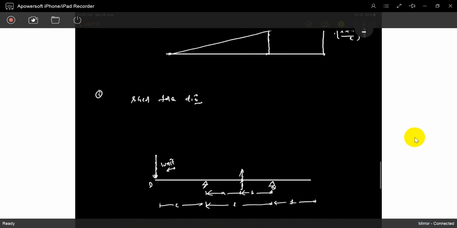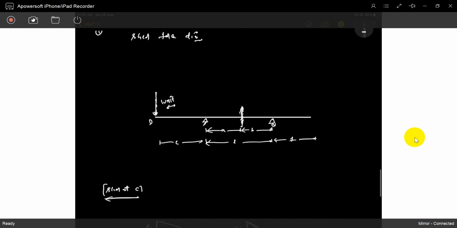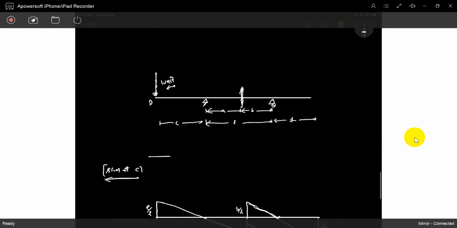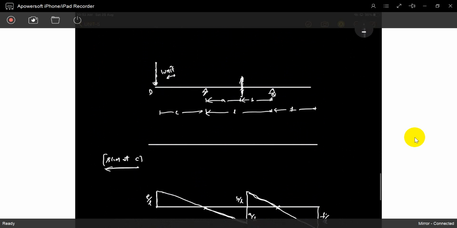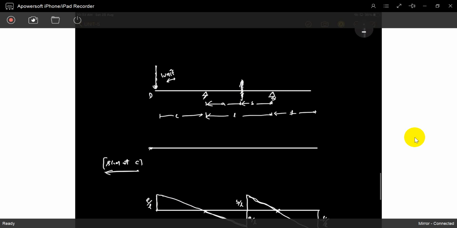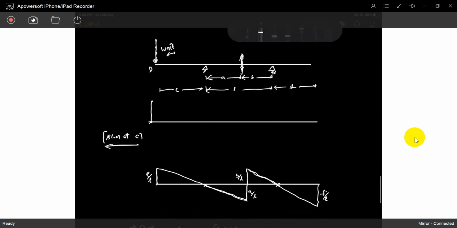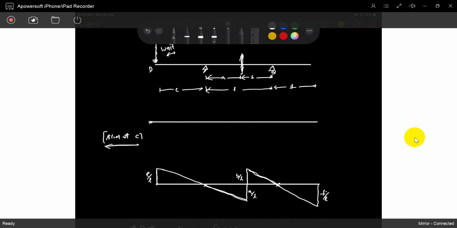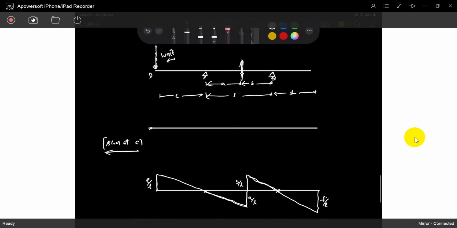So now you can find out the shear at C. Easily you can draw the shear. What is the load? This is a load of 1 kilonewton, a unit load. It acts in the opposite direction, so place it in the loading diagram.